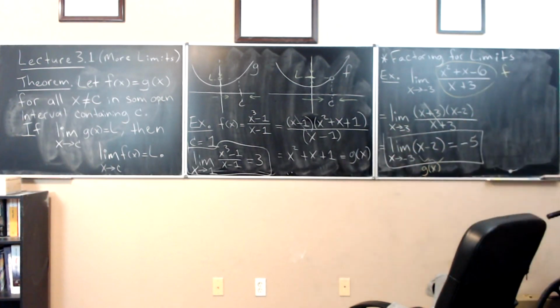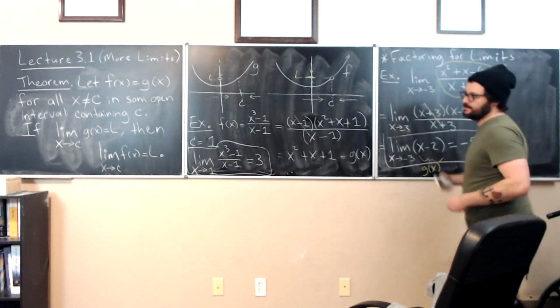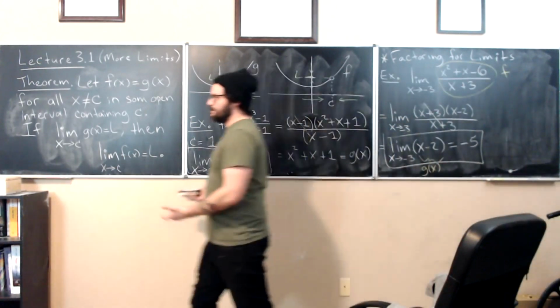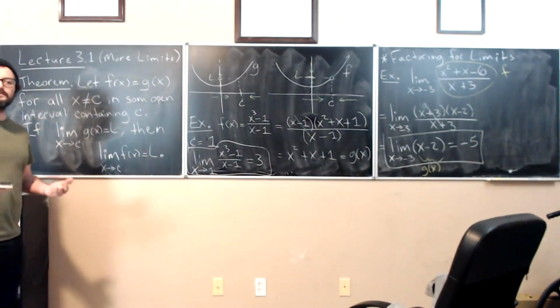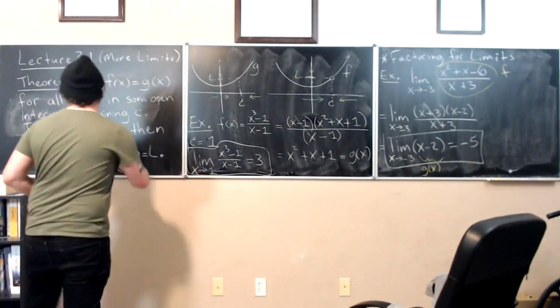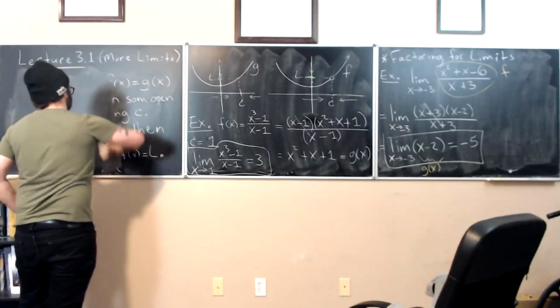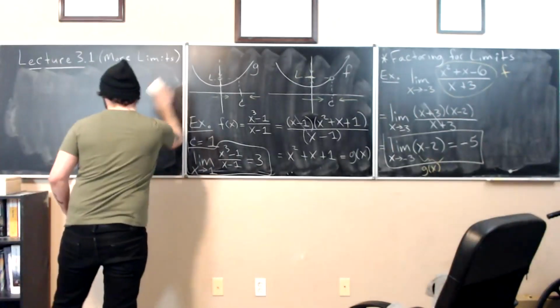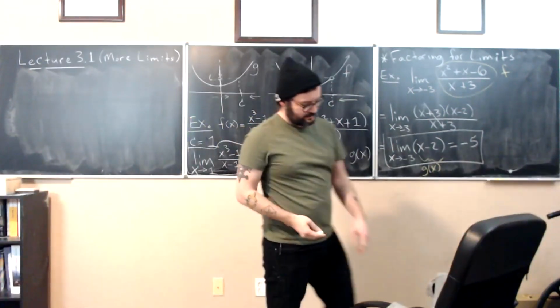Okay, so it's important to remember these factoring steps, especially something simple like that, because they will appear and it makes life a lot easier if you can reduce it to something that's easy to evaluate. And again, we're able to do that because of the theorem that I just erased.